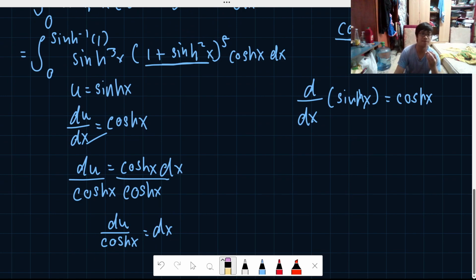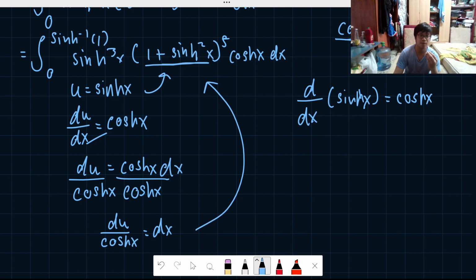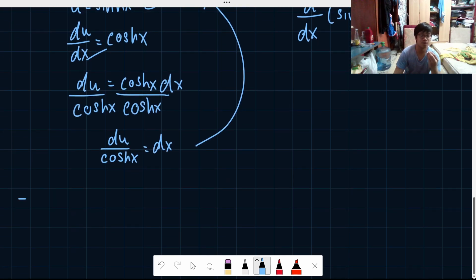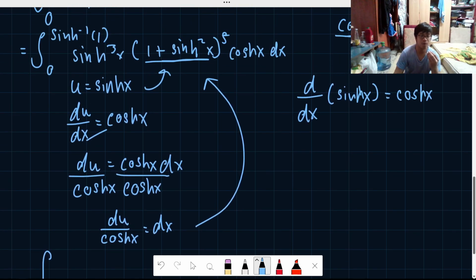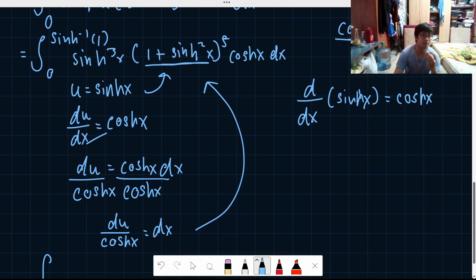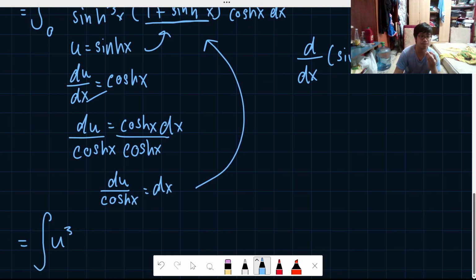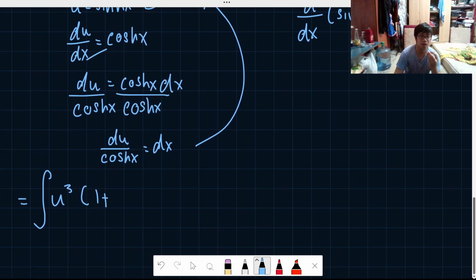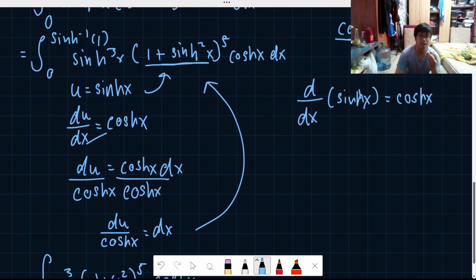Okay, so now that you have found your u and your dx, we will substitute them in this given function. So we have u as hyperbolic sine, so we will have u cubed times quantity 1 plus u squared raised to 5 times hyperbolic cosine of x times dx.